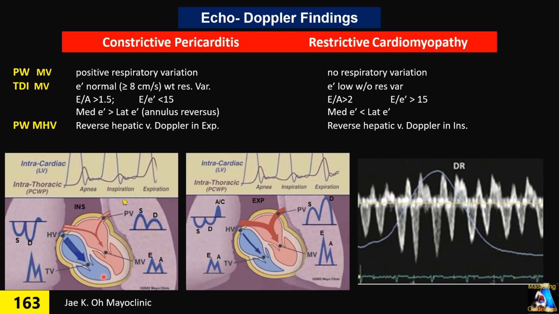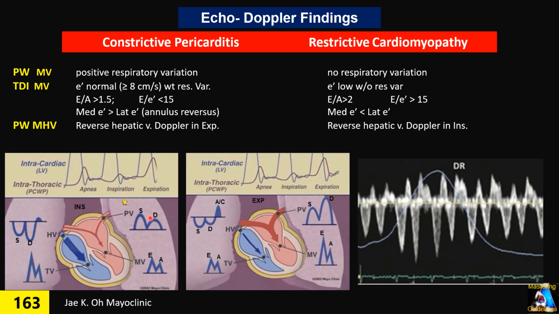So in that situation, we will have a very tall S and D, significant S and D, and increased tricuspid valve inflow, which combined with the decreased inflow to the left ventricle causes bulging, bouncing, or tilting of the septum toward the left ventricle.